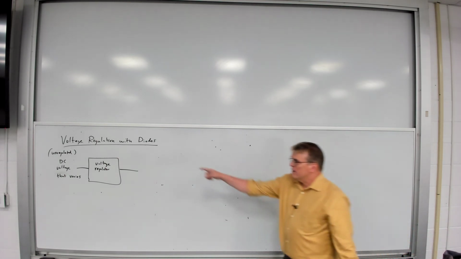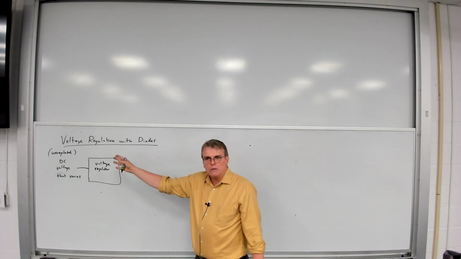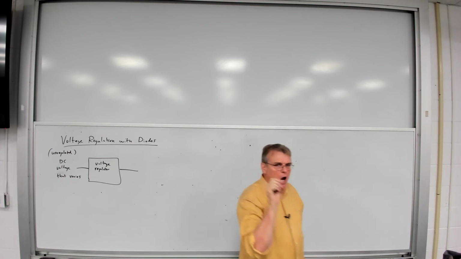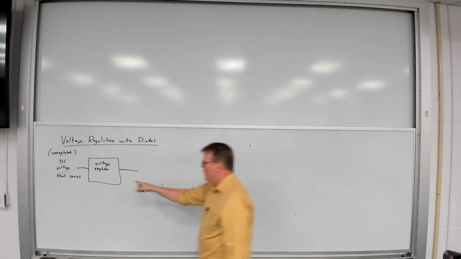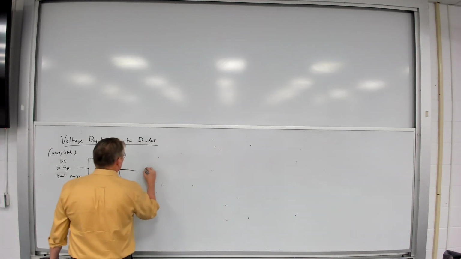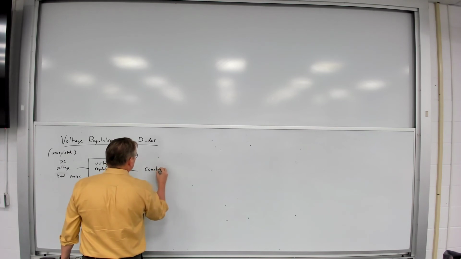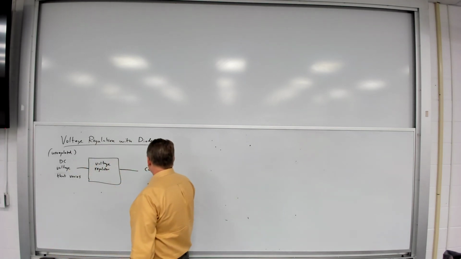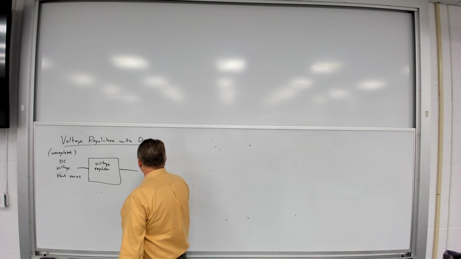So you may have an unregulated DC voltage, but the point is you have a circuit that needs to have a constant voltage. And so we have circuits called voltage regulators that, given an unregulated input voltage, give you a constant or regulated output voltage.